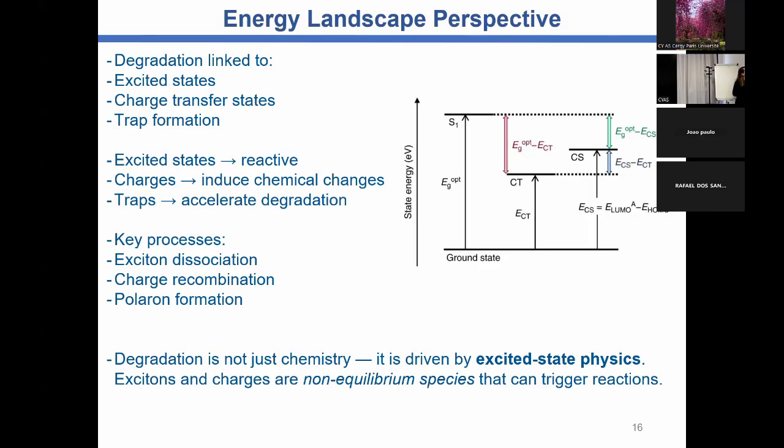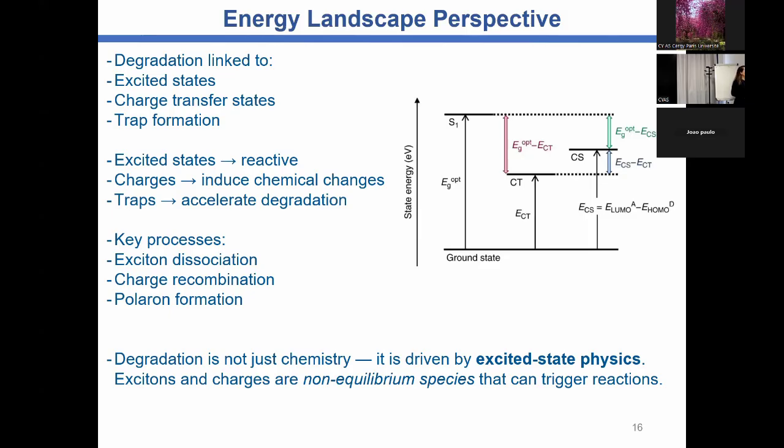The excited states are very reactive, so they interact with oxygen quite easily. The charge also induces chemical changes because of the redox properties of the materials. So sometimes you just want to collect the charge, but you can induce some chemical changes also. And the traps can also increase the degradation because of charge accumulation and the Joule process.